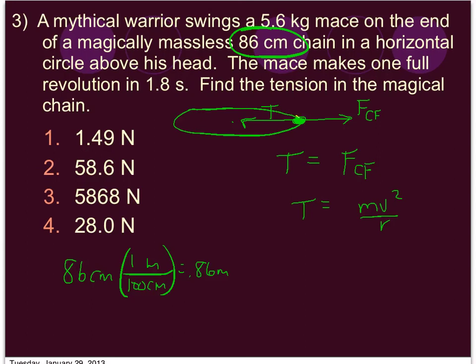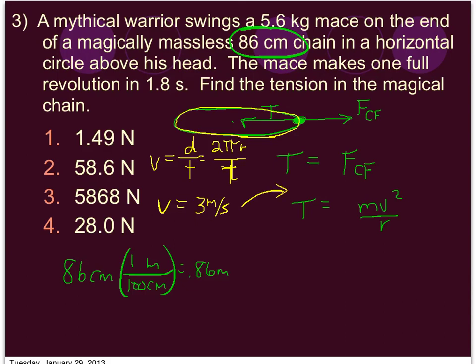Again, remember, as this mace makes its way around this circle, the distance that it's traveling is the circumference of the circle. So when we set v equal to d divided by t, we can substitute in our formula for circumference, so 2 pi r over t. So 2 times 3.14 times 0.86 over 1.8 is going to give us a velocity of 3 meters per second.